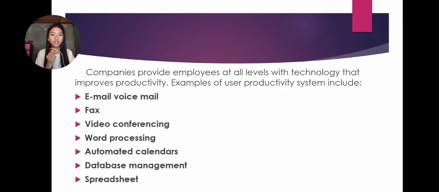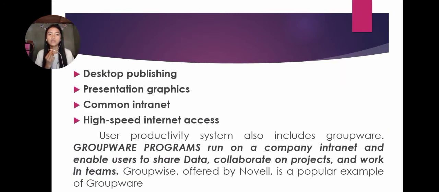They have their technology, and of course they need this technology to make their company more productive. Examples of productivity systems for the company include email, voicemail, fax, video conferencing, word processing, automated calendars, database management, spreadsheet, desktop publishing, presentation graphics, company intranet, and high-speed internet access.